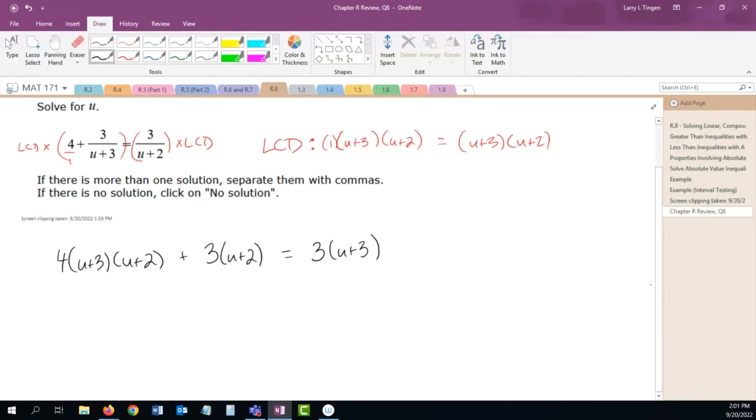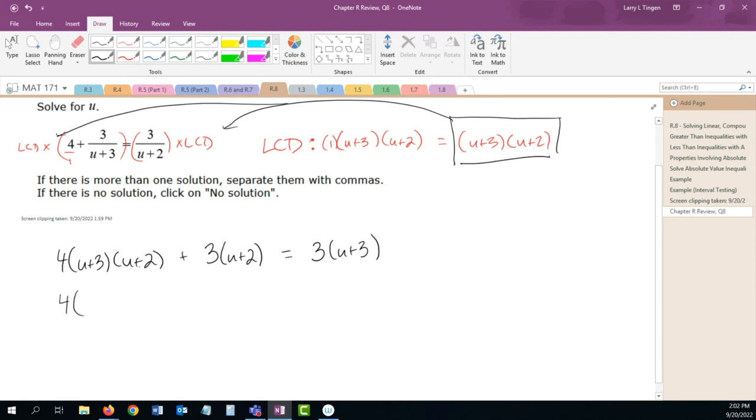Can everybody get that step without looking at the rest of the work? Is everybody comfortable with what just happened there? I multiplied both sides by u plus 3 times u plus 2. And then this is what ends up.